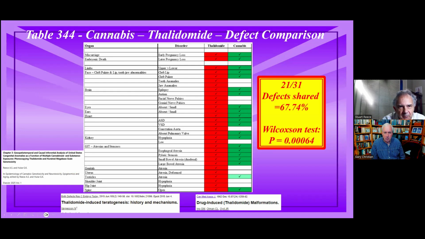Now, if you look at the pattern of birth defects from thalidomide and the pattern with cannabis, these are the published birth defects. Obviously, there's limb anomalies, but there's others as well. And what you find is that 21 of those 31 anomalies are also shared with cannabis. So there's a common overlap in the clinical syndromology and teratology of the two agents.